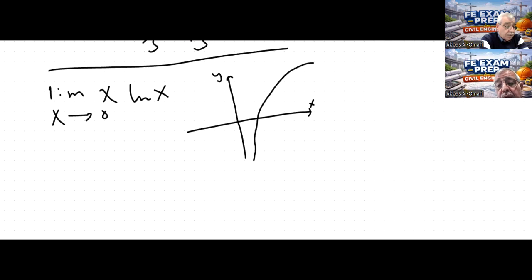It goes to minus infinity at x equals 0. The domain of the ln function is x greater than 0. It can't be negative. At x equals 0, the ln goes to minus infinity. So this is undetermined: the limit of x ln x as x goes to 0 is undetermined.